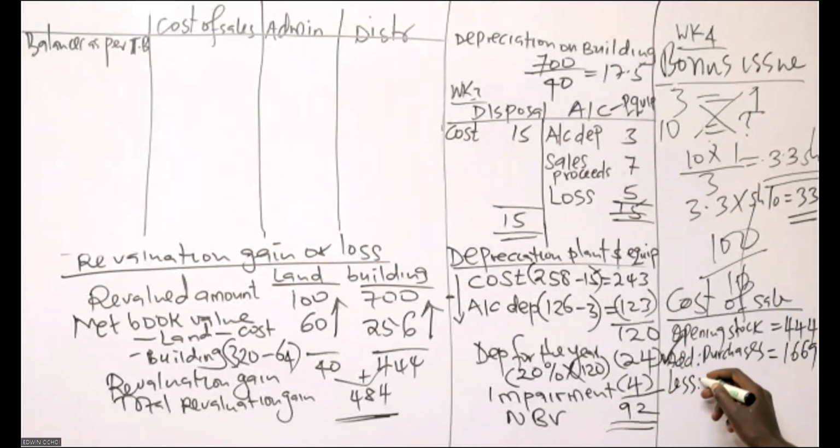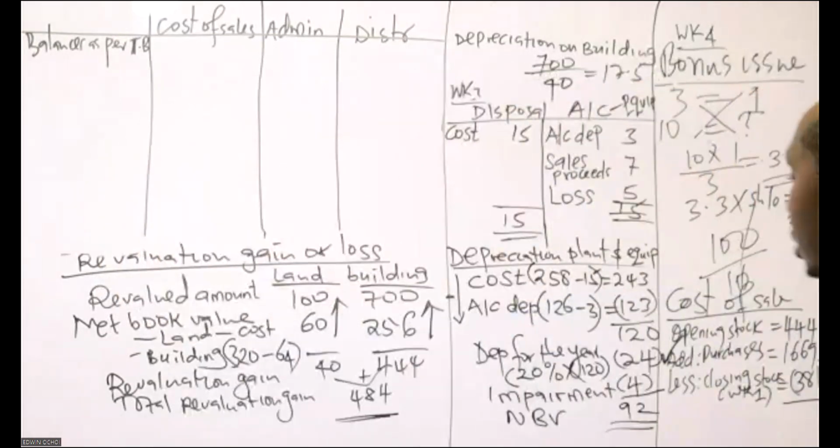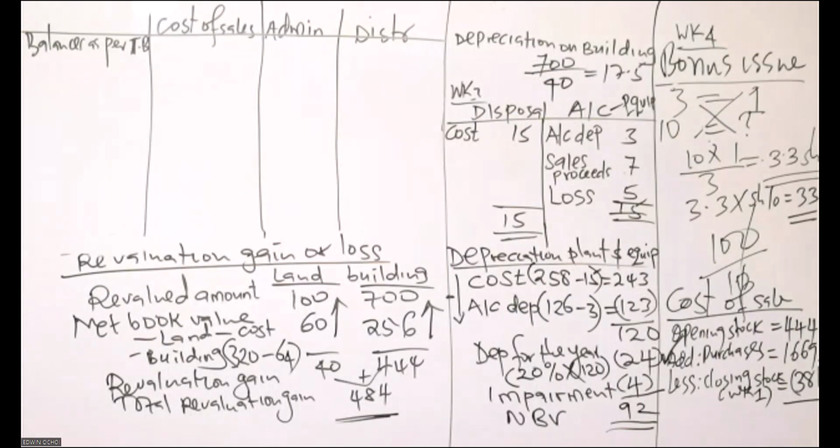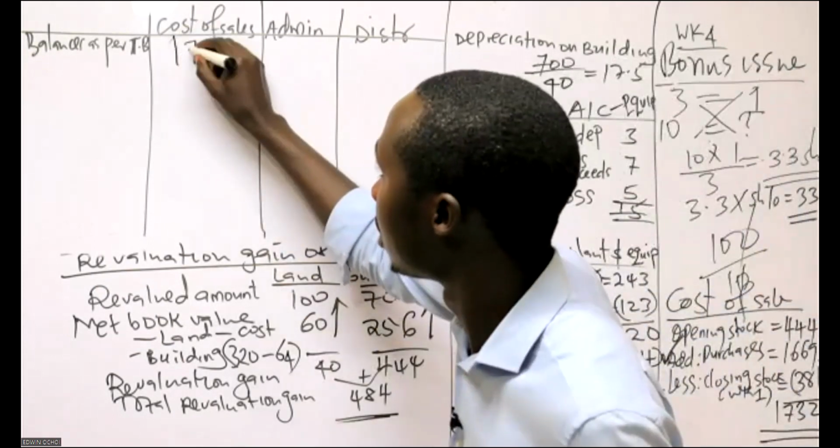Whereas the closing stock, we did it in working number 1. The lower of cost and the net realizable value, we got 381. So the block figure for the cost of sales is 444 plus 1669 minus 381, 1732. That is what you record here.